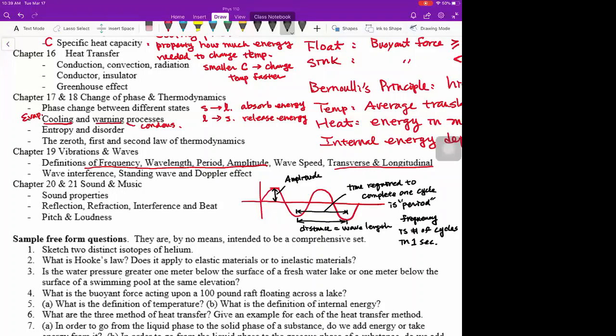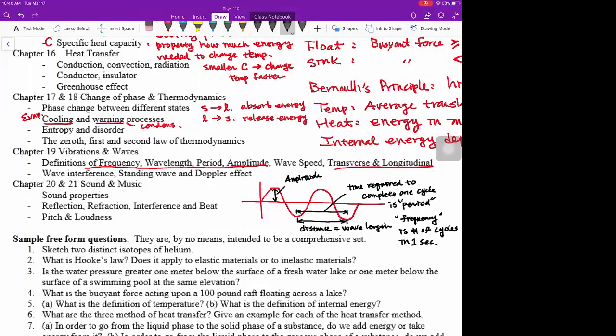It's how many cycles you can do in one second. So that's the frequency. Frequency, wavelength, period, and amplitude are the most important properties we use to describe a wave. Interference, we just talked about that. Standing wave means a certain place in the wave is not going to move, and that place is what we call the node.